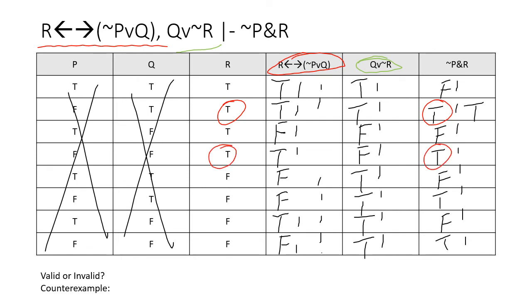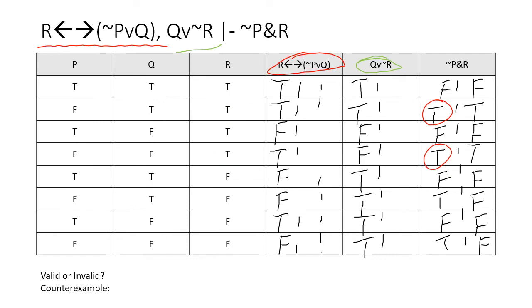So these two are true, the rest of them are false. And we can erase this and do our evaluation.